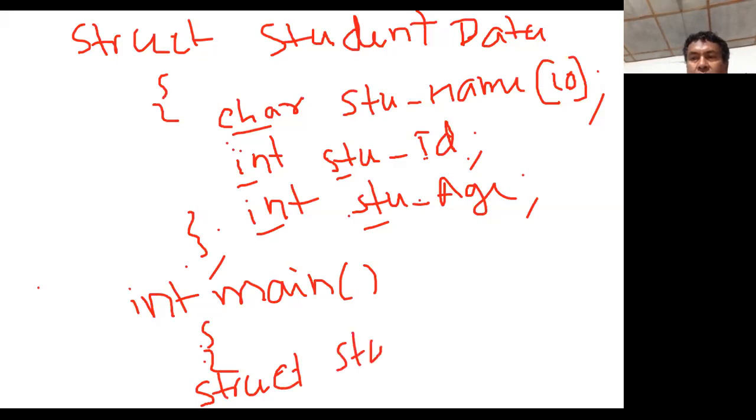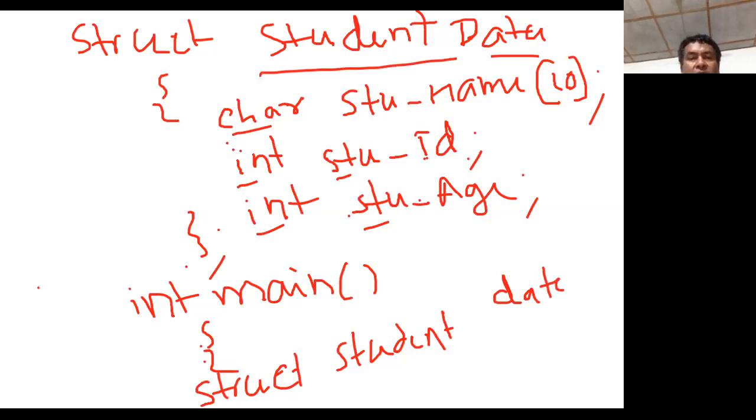Student data. You see at the top I have given student data. So struct student data. Student data for what? Student. Just put blank.